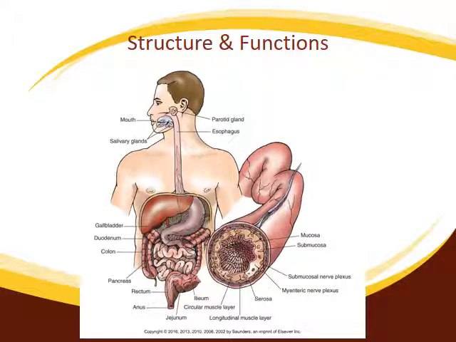This slide will show you the various structures of the GI system from the mouth all the way through the anus. What I'd like you to do right now is put this slide on pause and take a writing utensil and a piece of paper and draw for yourself a cursory diagram of the GI system from the mouth all the way through to the anus.